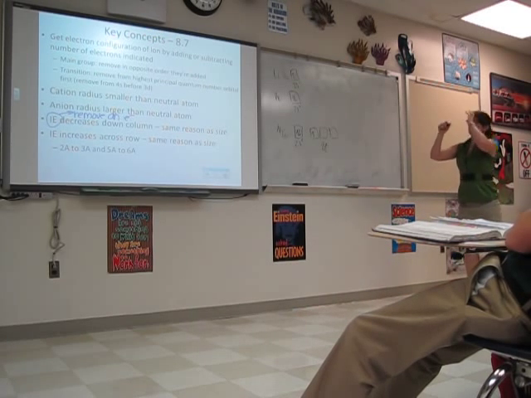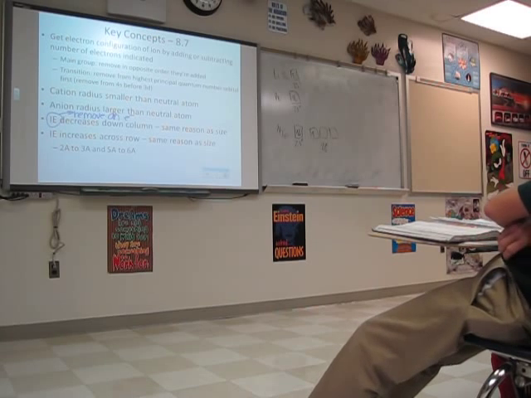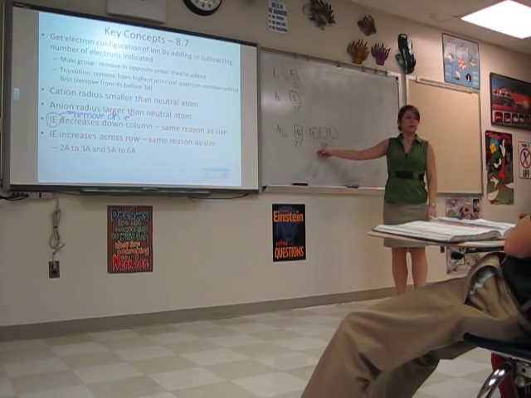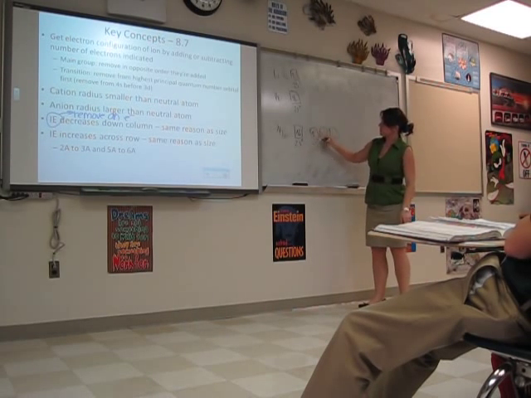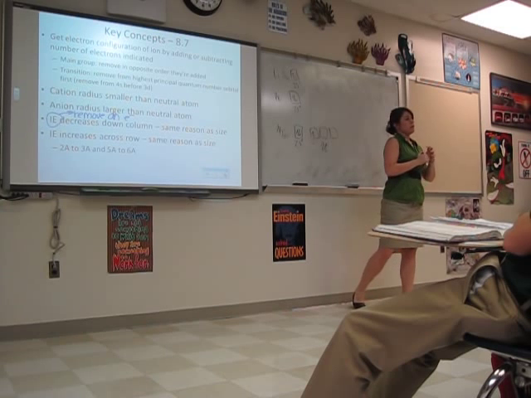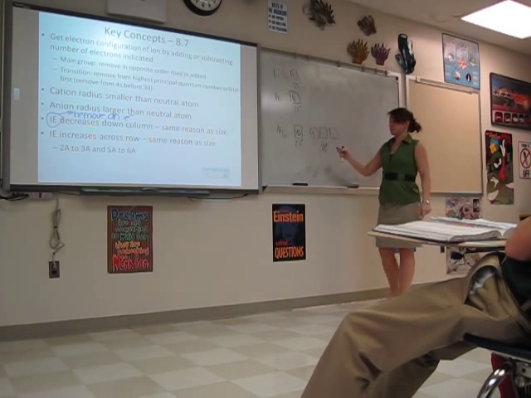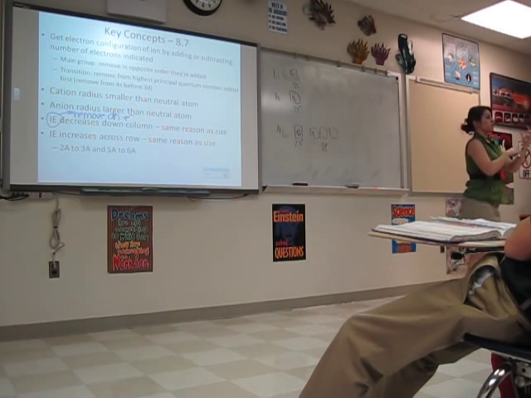So, from lithium to beryllium, the ionization energy increases because those electrons are sucked in. If we were to follow the pattern, boron should be a little bit higher too. But this one electron that we're talking about removing is actually easier to remove than that electron, because the 2p doesn't get as close to the nucleus.